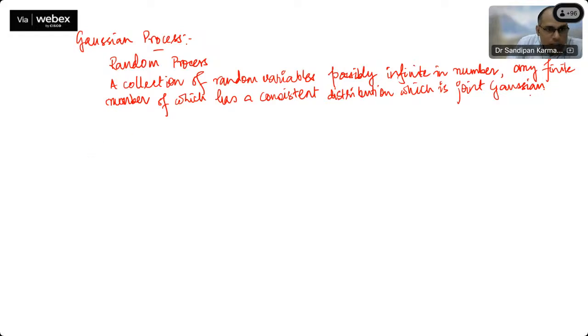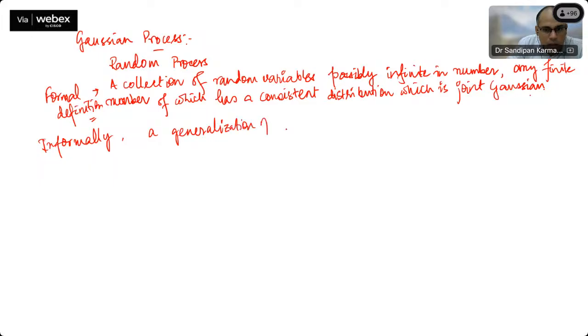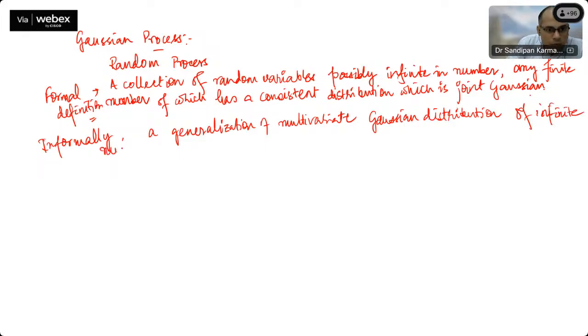So this is the formal definition. Informally, it can be thought of as a generalization of the multivariate Gaussian distribution to an infinite number of random variables.